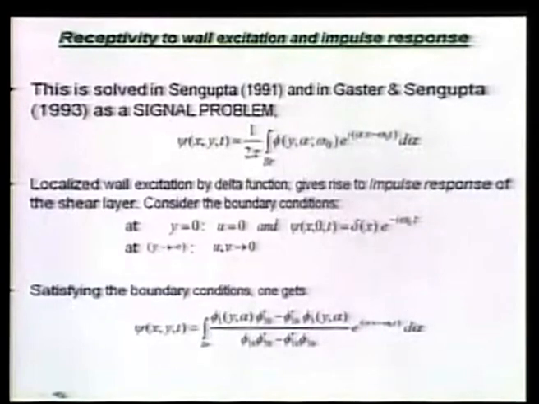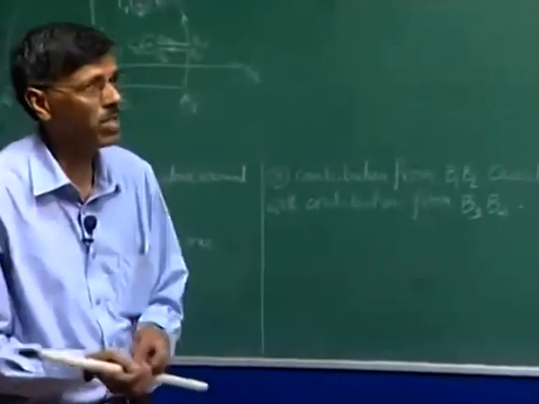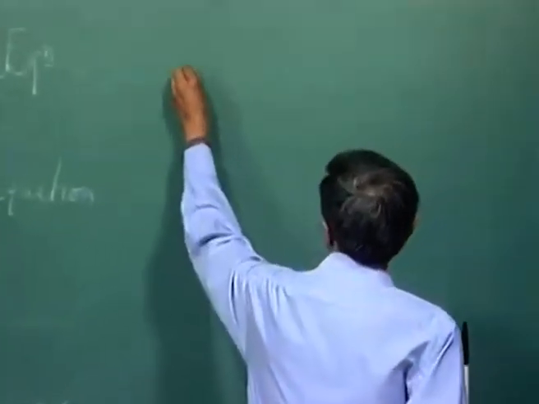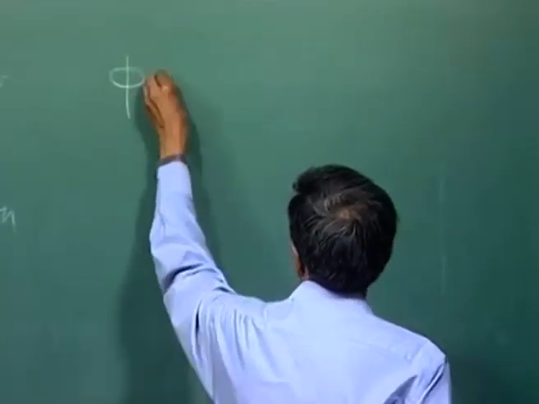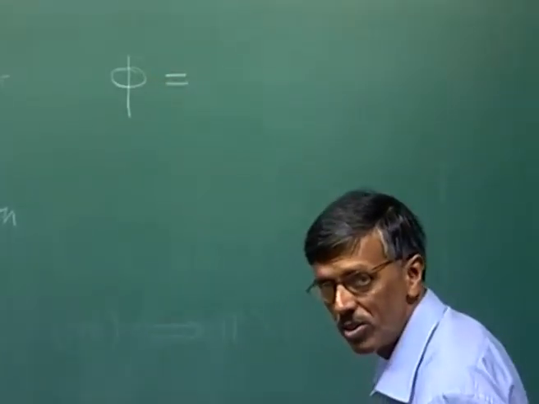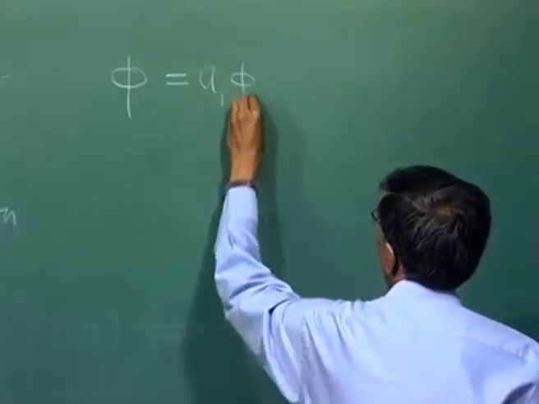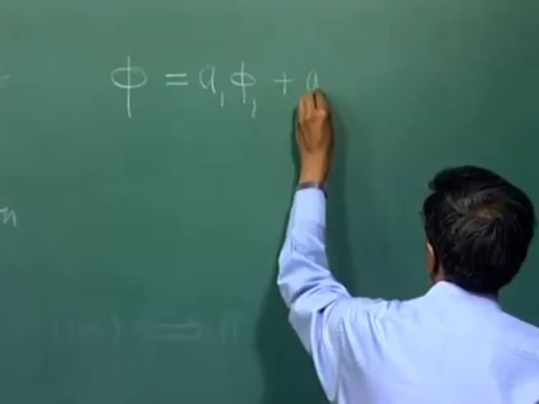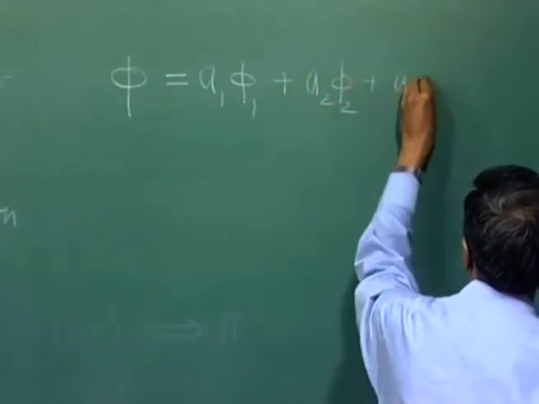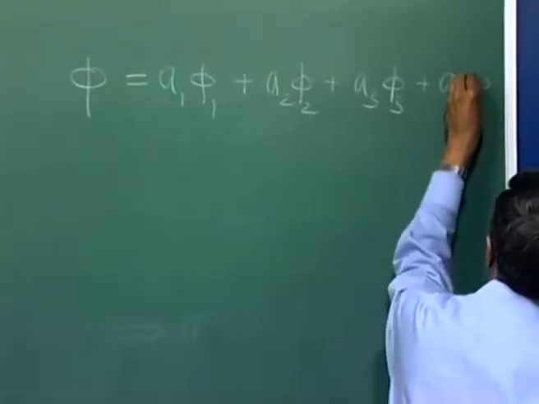Now, what we have to do is satisfy the boundary condition. How do you satisfy the boundary condition? If you recall, we have 4 modes for the Orr-Sommerfeld equation, it is a 4th order ODE. So, I could talk about A1 phi 1 plus A2 phi 2 plus A3 phi 3 plus A4 phi 4.